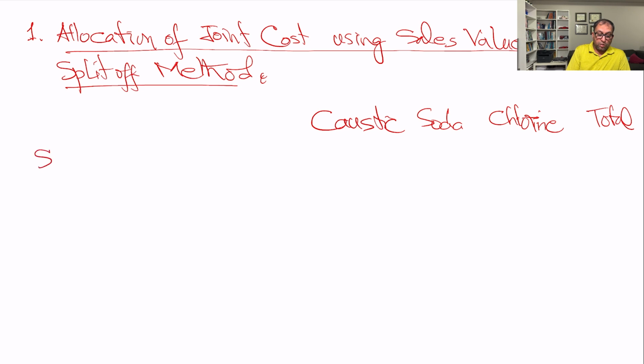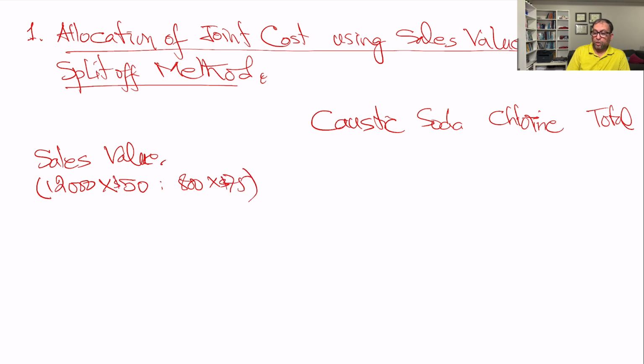So what is the sales value? 1200 tons of caustic soda multiplied by $50 per ton, and similarly 800 tons of chlorine at $75. These are dollars.